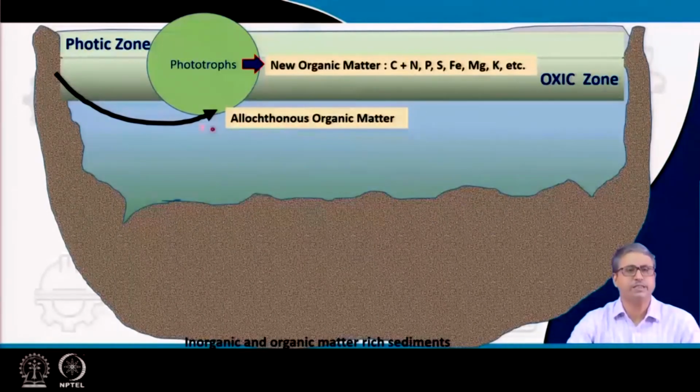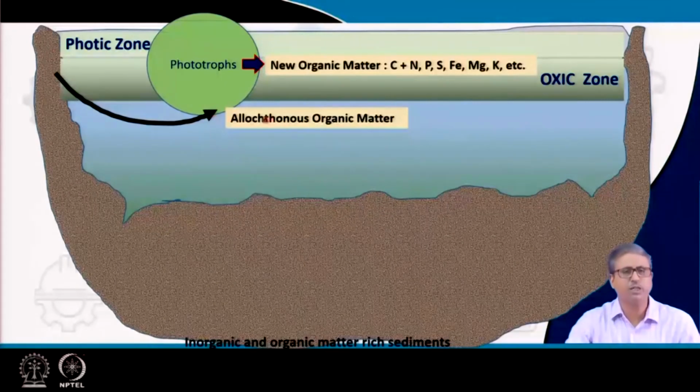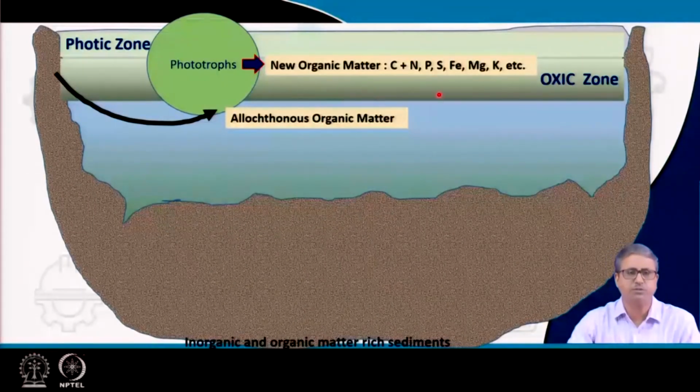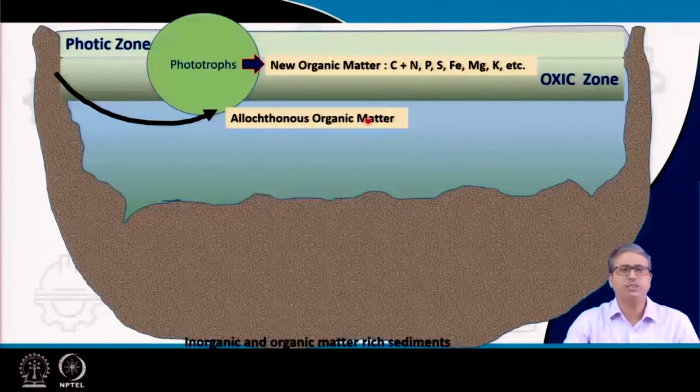Allochthonous means externally derived organic matter, which could be agricultural runoff or any other sources, maybe from the sediment deposits. These will be leached, mobilized or solubilized, and then come into this water system. So, together these will represent the total organic carbon or organic matter present in the system.